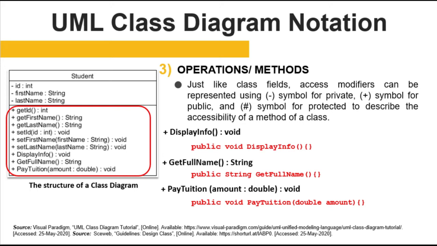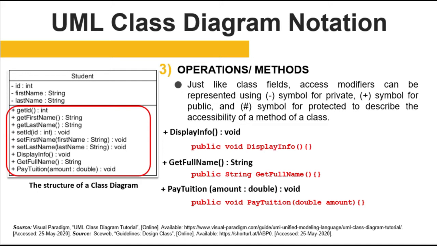We can read the sample operation method definition as public void displayInfo. Public, since we use the plus symbol, void as the return type, displayInfo as the name of the operation or method. Another one is public String getFullName.